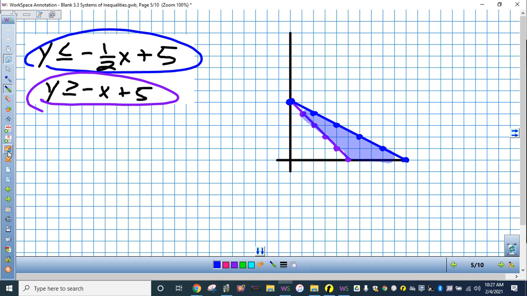So we can pick so many ordered pairs for the solutions, right? I could pick the corners. The shaded part is called a feasible region, where the solutions work, where they can exist. I could pick every one of these dots along each of the lines.